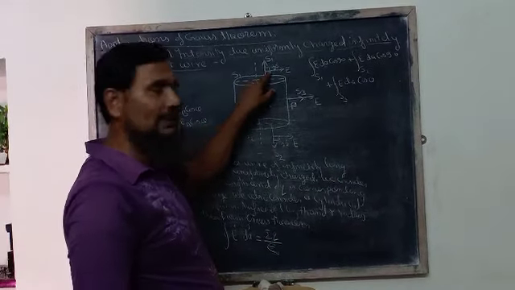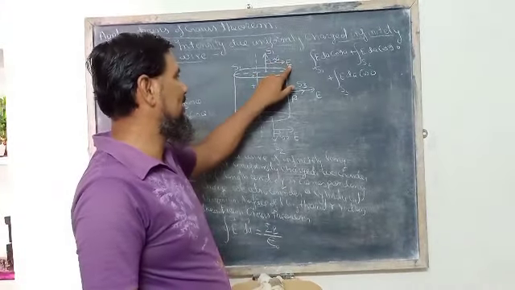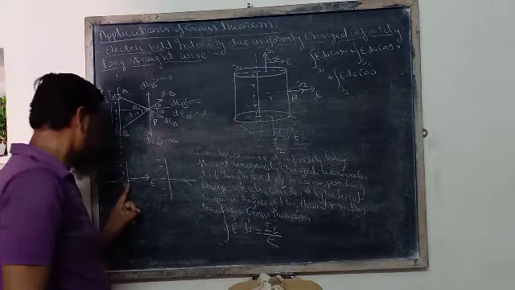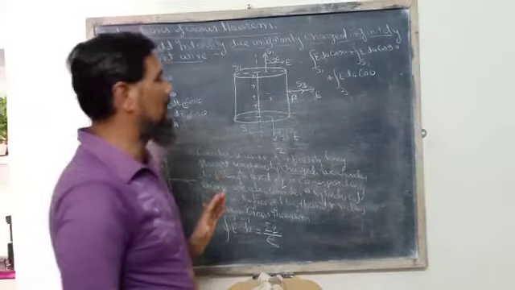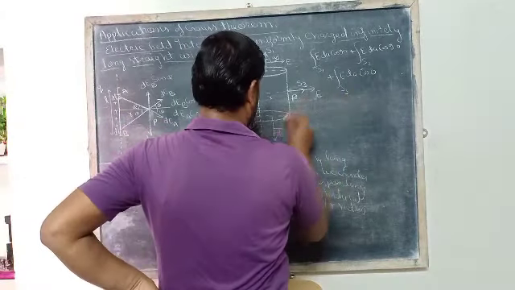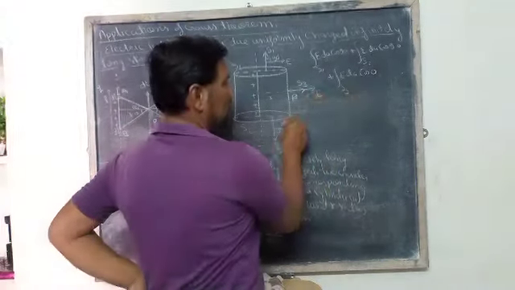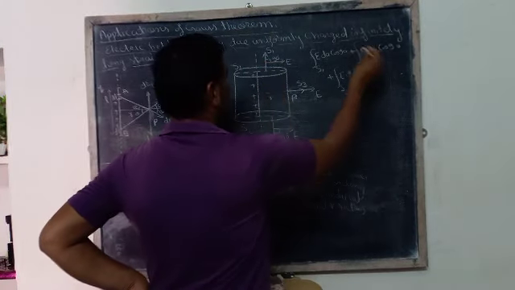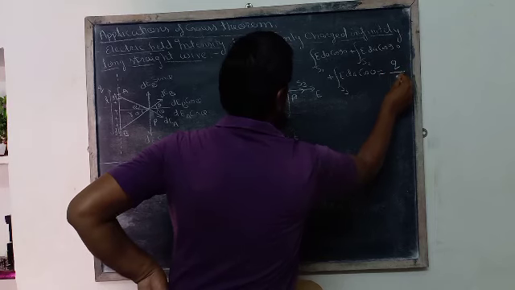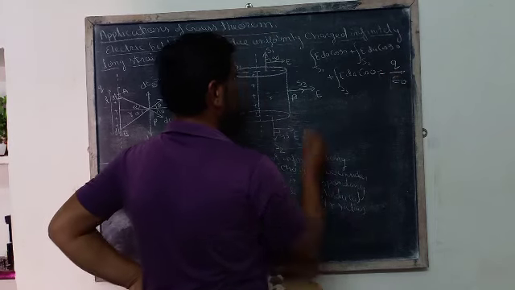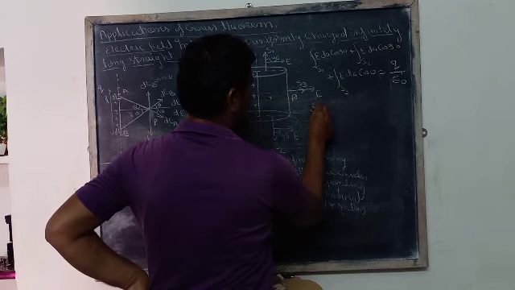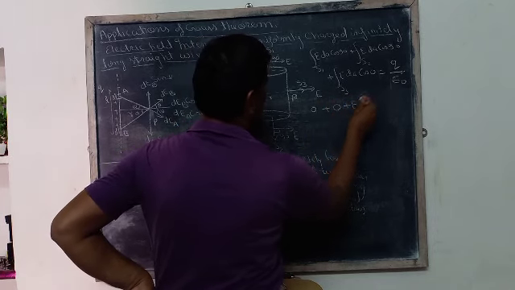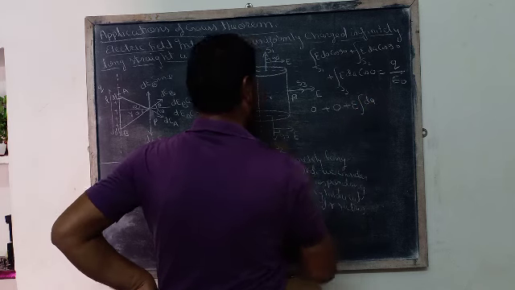For surfaces S1 and S2, the angle between the surface normal and the electric field is 90 degrees, because the electric field is always perpendicular to the wire. For S3 the angle is 0, and the charge enclosed by the L length of the wire is Q upon epsilon.